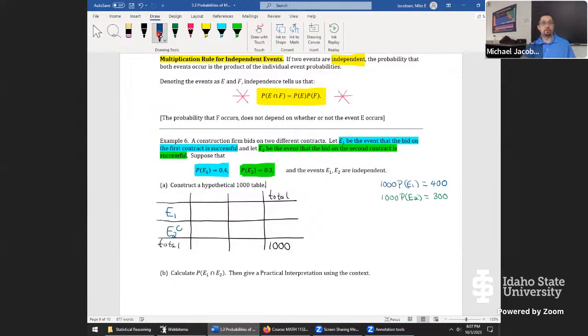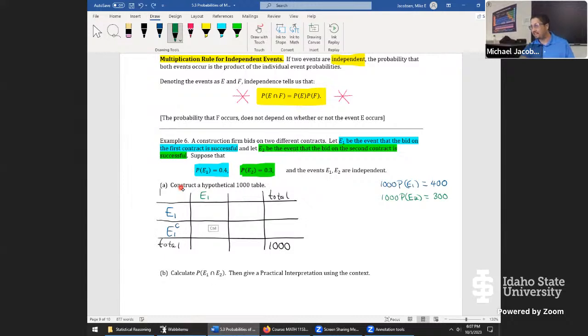E2 complement means they lose the second, or excuse me, that was incorrect. I think those subscripts are mixing me up. E1 on both of them. 1 and 2 made sense for a minute until I looked at it a little bit more closely. So E1 complement is saying they lost the first bid. Likewise up here, E1 would mean they won that first bid.